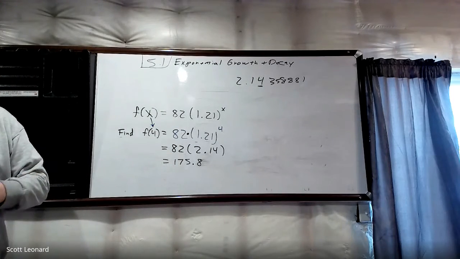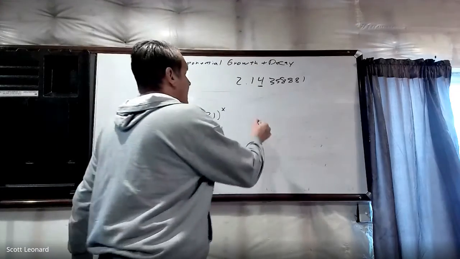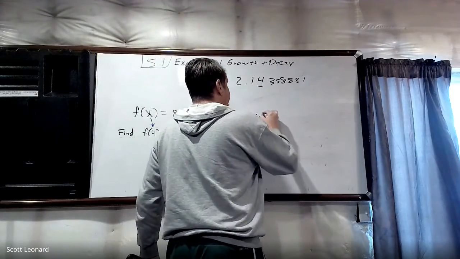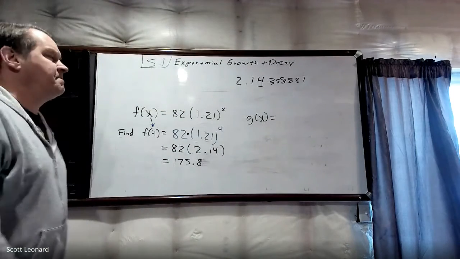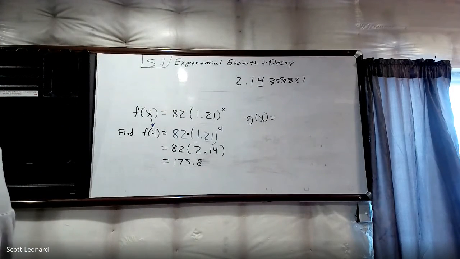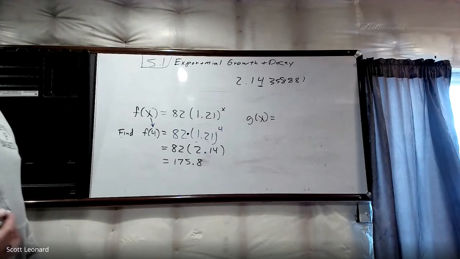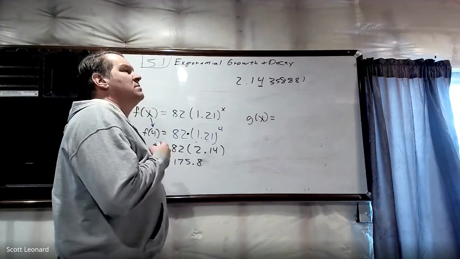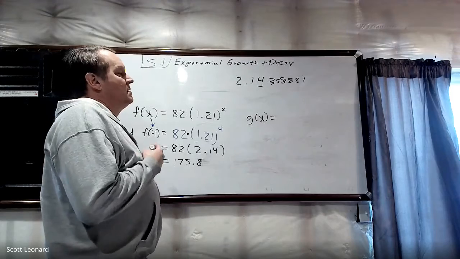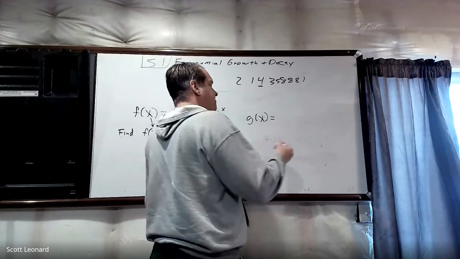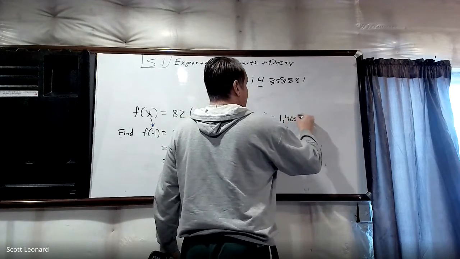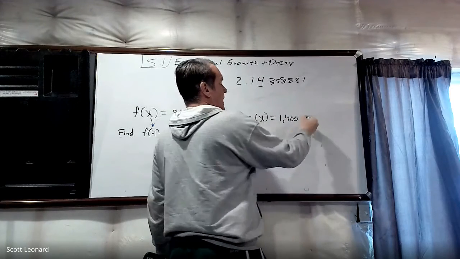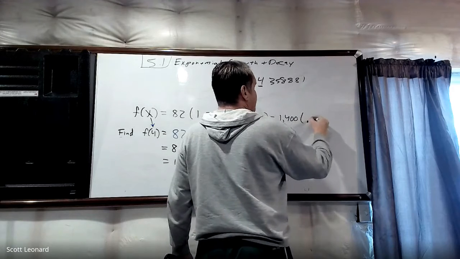All right. I'm going to give you guys one to do right now. Last one of the day, we'll go g of x. Let's say there's approximately 1,400 people living in War Road, Minnesota, and the population is declining by 7%.